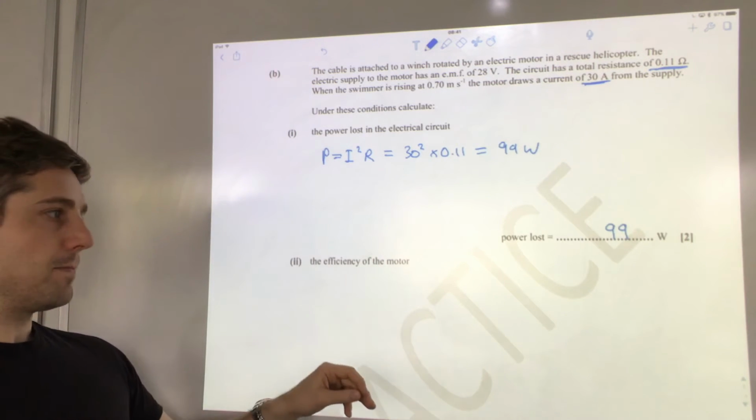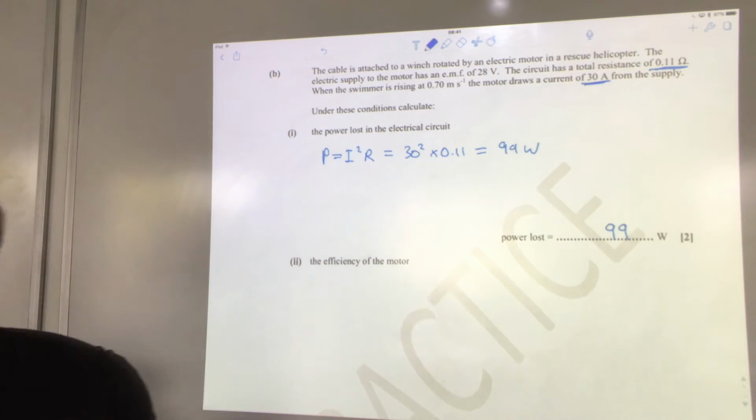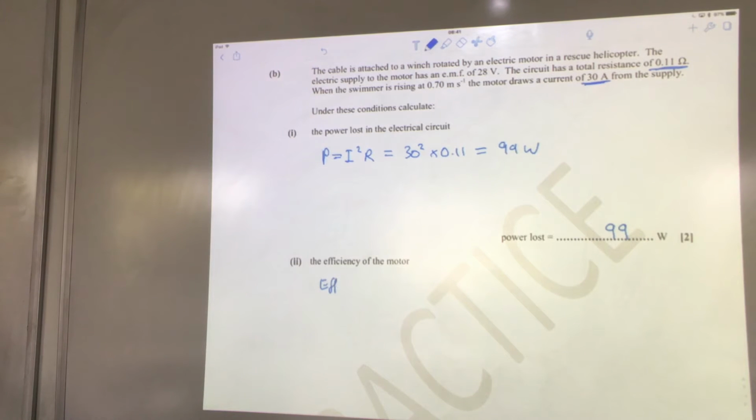That's the useful output. So we've got the input and the useful output. Then we can use the equation: efficiency is the useful output over the input, multiplied by 100.